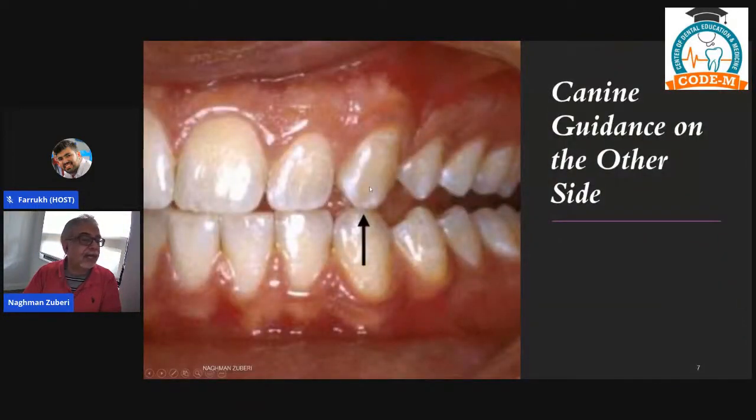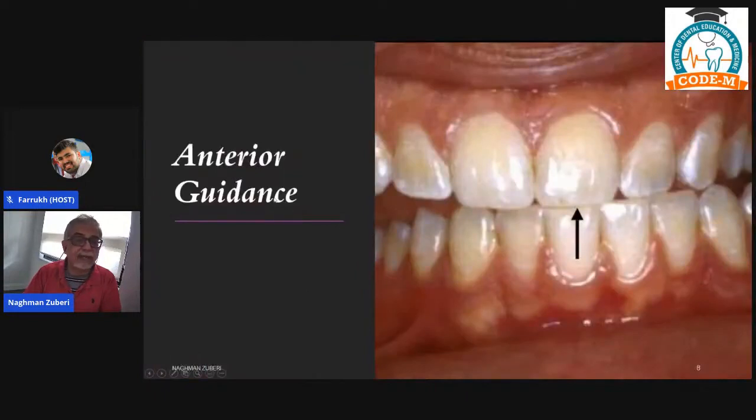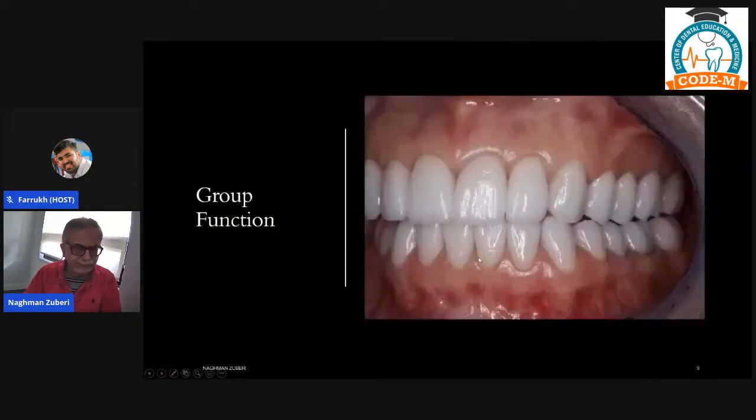And now this side has become the working side. The rest of the dentition is out of occlusion. The other side, which was previously the working side, has become the balancing side, and all the teeth over there will be out of occlusion, and then the cycle will continue like this.